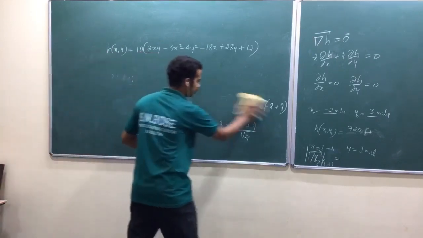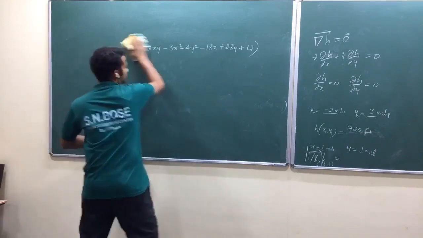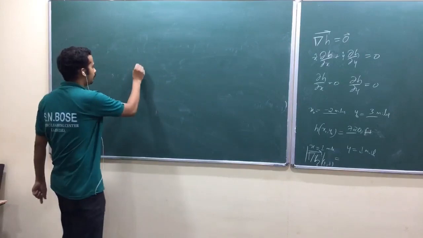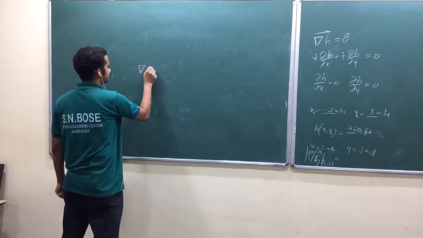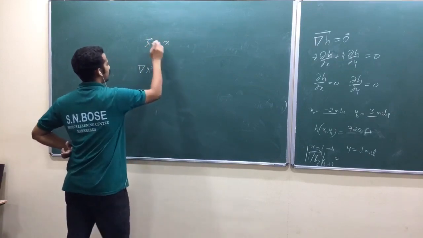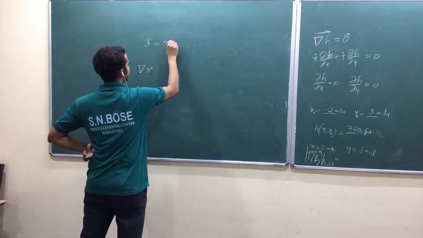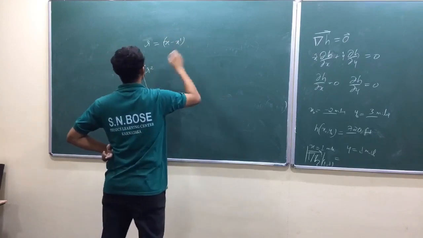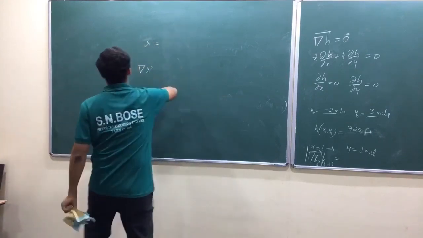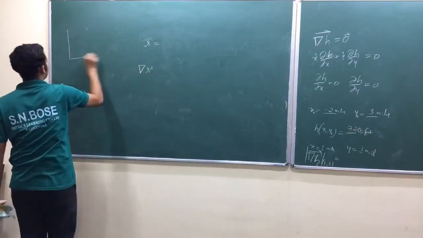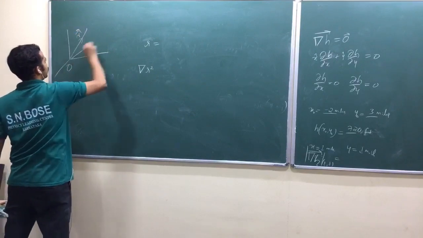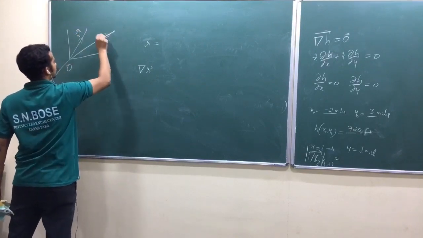So now let me quickly explain how to solve the next problem, okay? Try it yourself. So del of italic r square. What is your italic r? Or italic r magnitude, x minus x prime root of, what is italic r? I hope you know that idea. Origin, r prime, r vector.